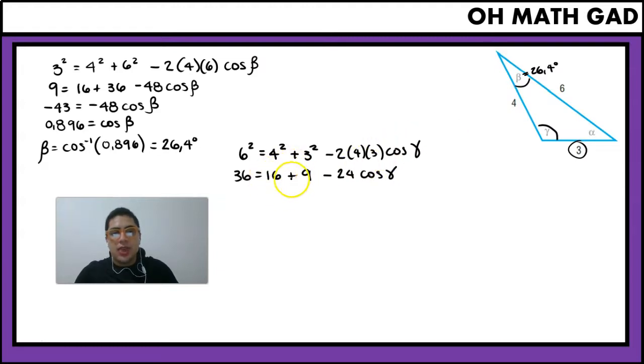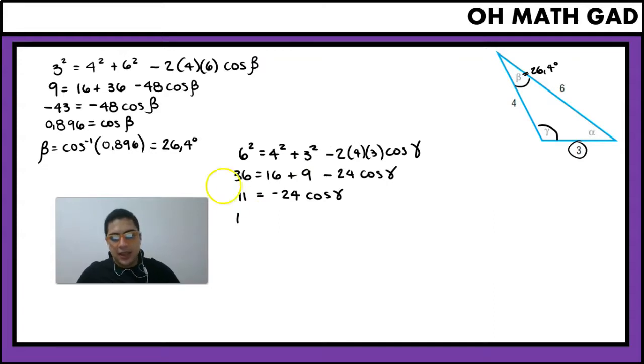And we're going to move these values of 16 and 9 to the left side. So we're going to get 36 minus 16 minus 9. That is going to give us a value of 11 equals minus 24 cosine of gamma. Because we do not want that, 24 is going to pass to the other side dividing, right?